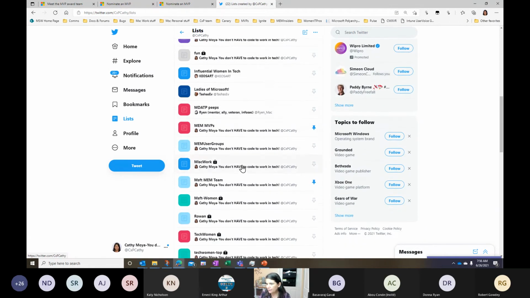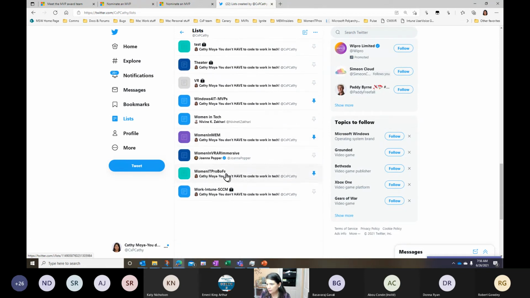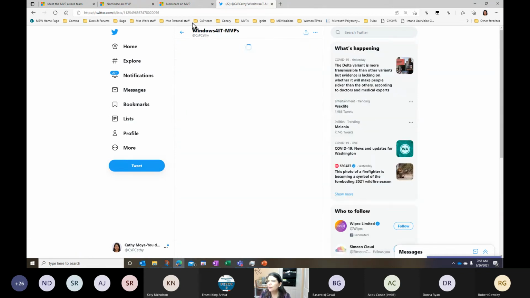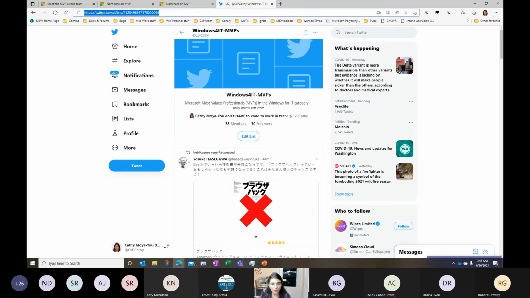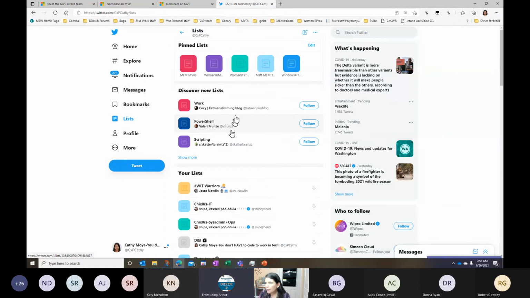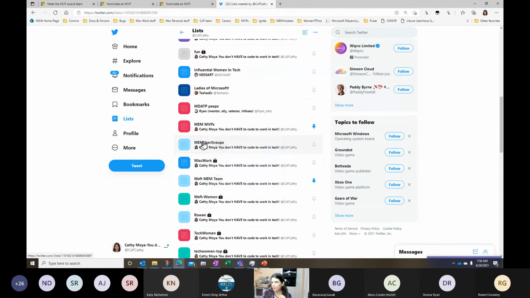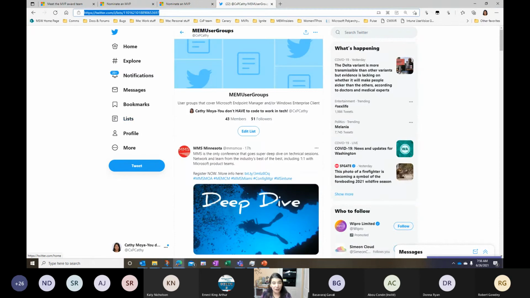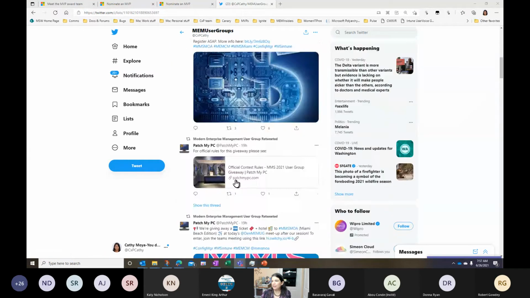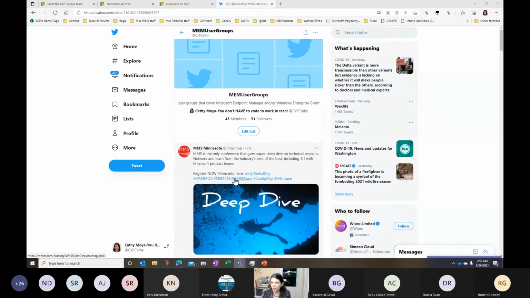And then I have my Windows and devices for IT. Here is my list of user groups. So if you have a Twitter handle for this, let me know. I would be thrilled. This is loosely anything related to Mem. It doesn't necessarily have to be specifically a user group, but I'm thrilled to put you on here so people can find you and surface those.